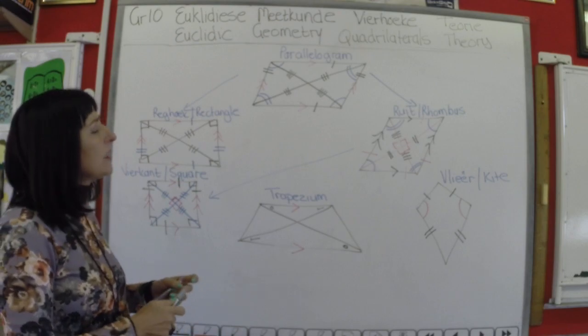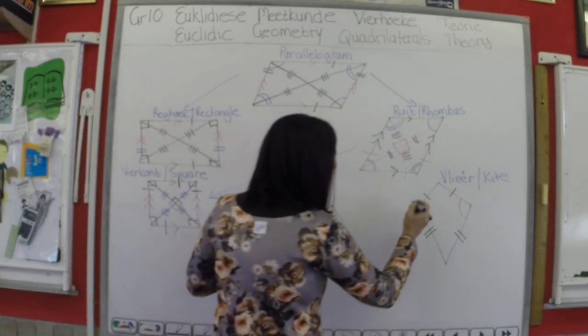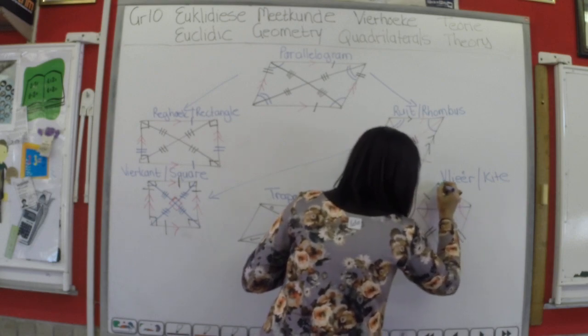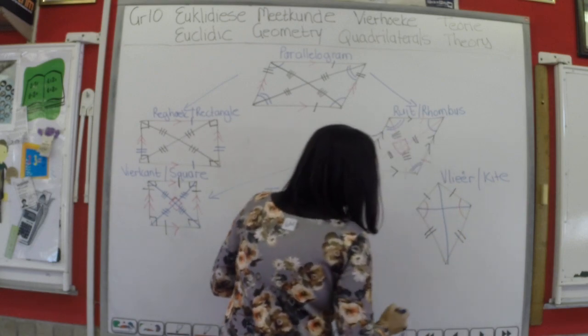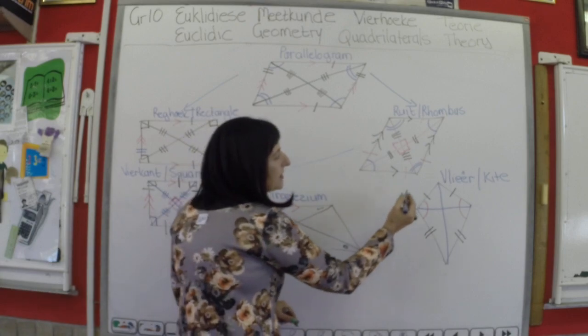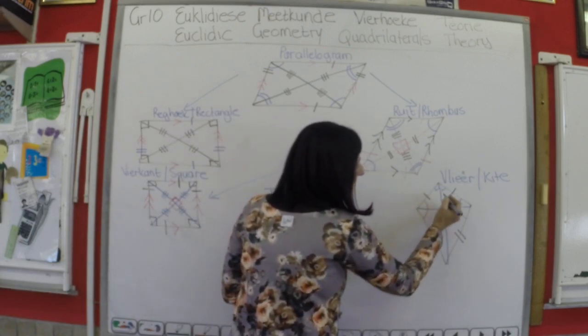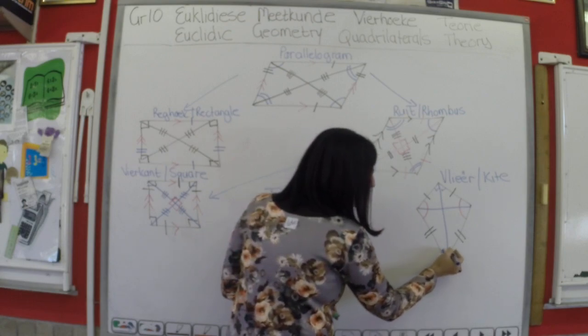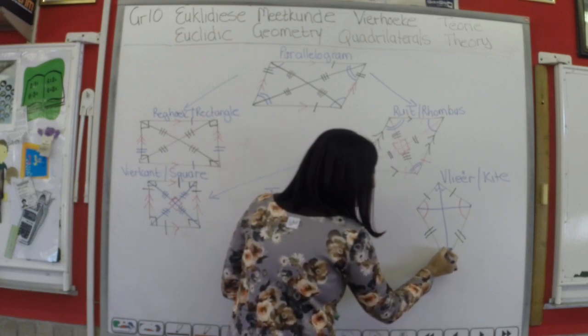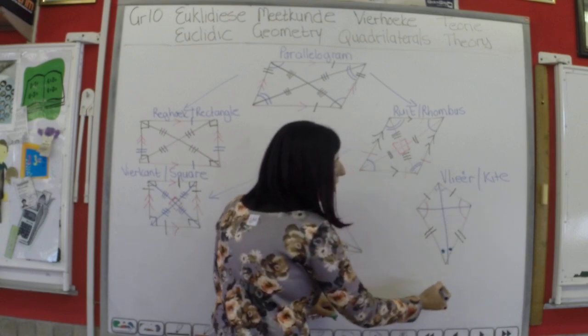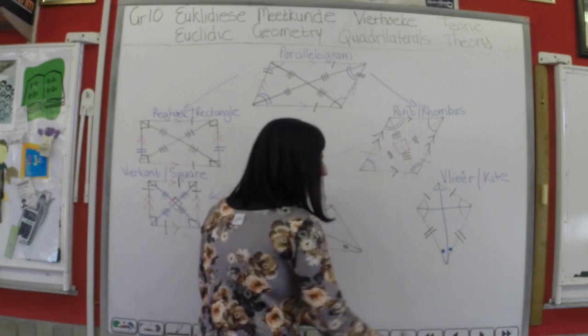And then if we go to the diagonals, ons hoeklyne, then we can clearly see that this vertical diagonal halves this angle en hy halveer ook hierdie hoek. The vertical diagonal half the top and the bottom angle.